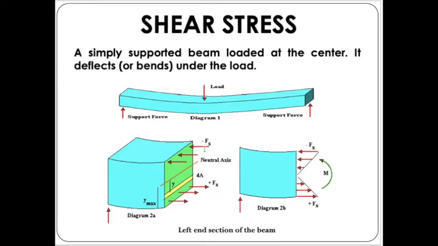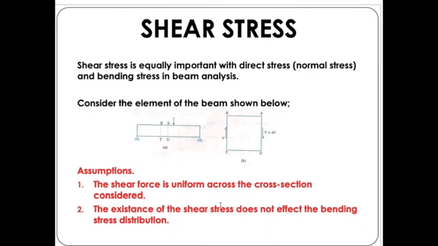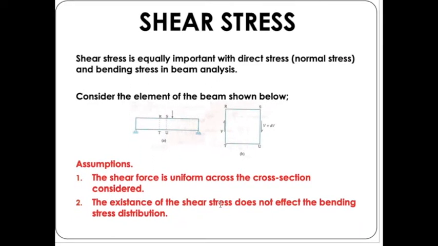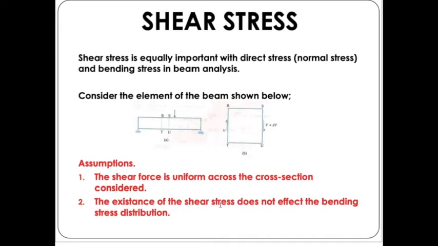As you can see here, we are going to have Fx on the top and also bottom of our section. Shear stress is equally important with the direct stress, or normal stress, and also the bending stress in beam analysis.